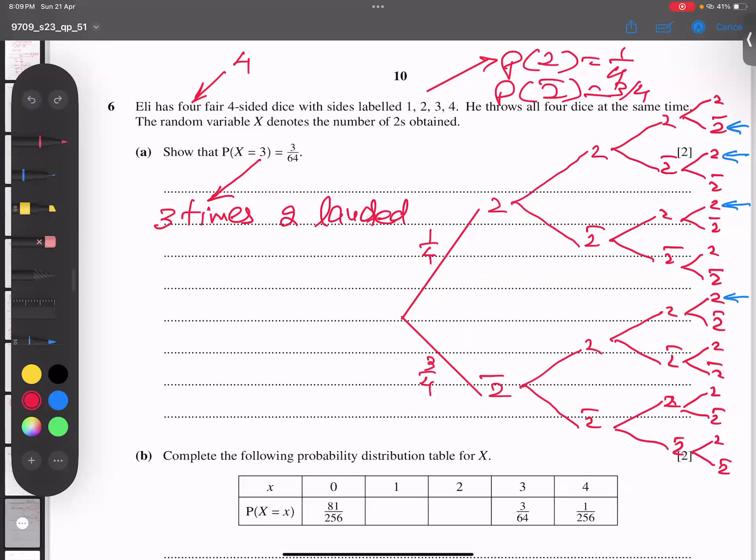You will be surprised to know I will do it in a different way. What is the way? Listen to me. 2 and not 2. The 2 branch answer is 1/4, and times not 2, which is 3/4, but to the power 3. Why power 3? I show you: not 2, not 2. This is better to understand, otherwise it is confusing. So I'm writing here second dice 3/4 times 3/4 times 3/4.